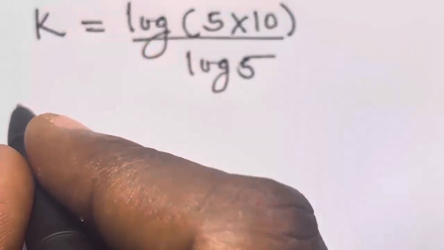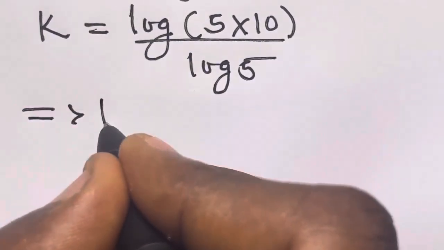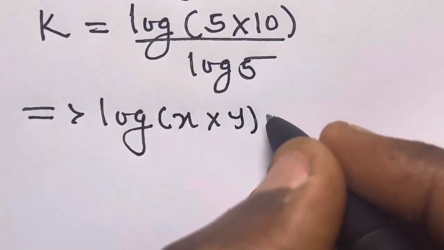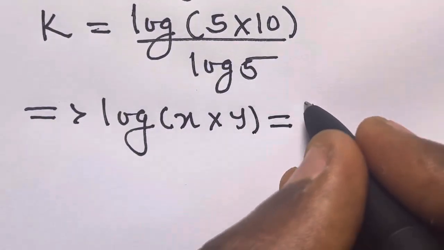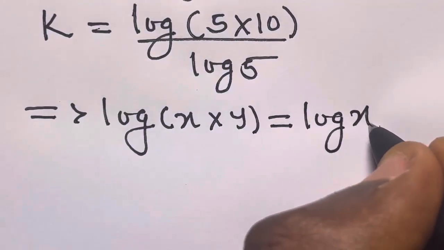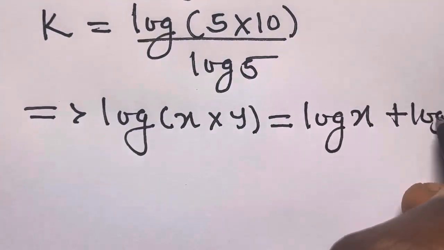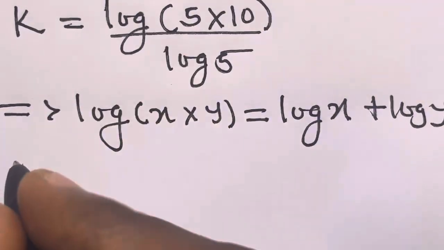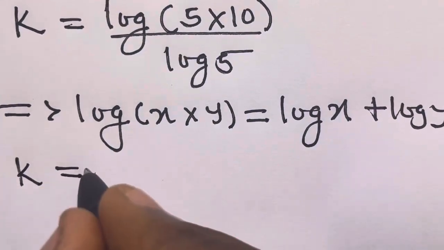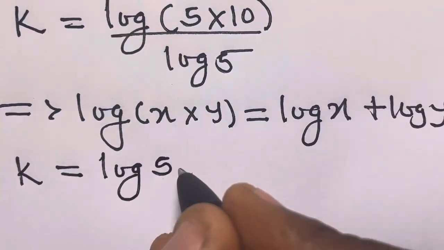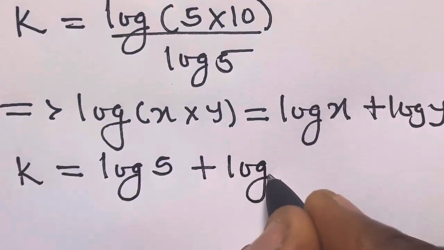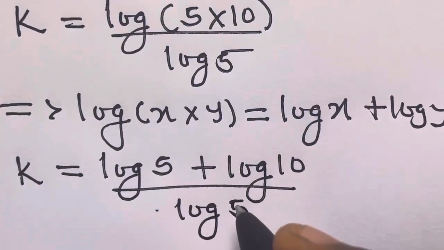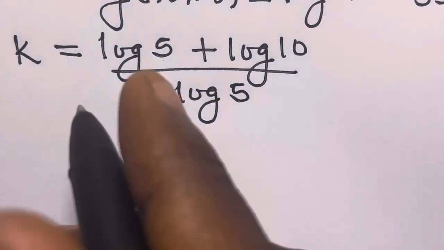So from here, let's recall that from the law of logarithm, if you have log x times y, this equals log x plus log y. Right? So applying it here, we have k equals log 5 plus log 10 divided by log 5. I hope you are following.